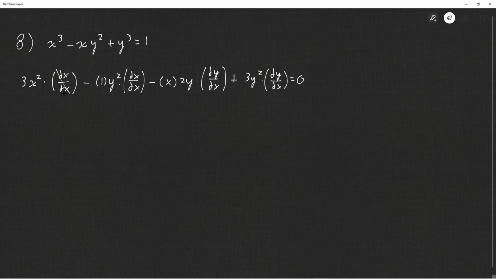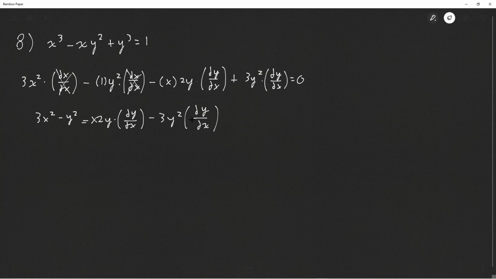So now when we cancel out our dx over dx, this will just become 3x squared minus y squared is equal to 2y multiplied by dy over dx minus 3y squared multiplied by dy over dx.